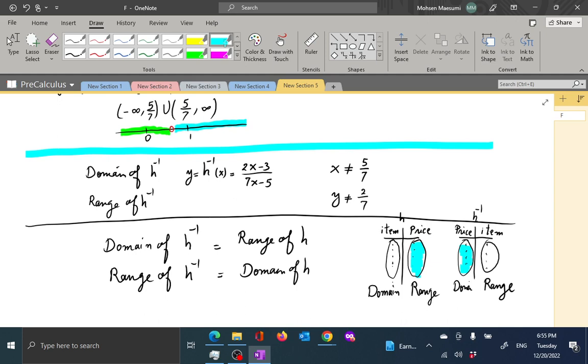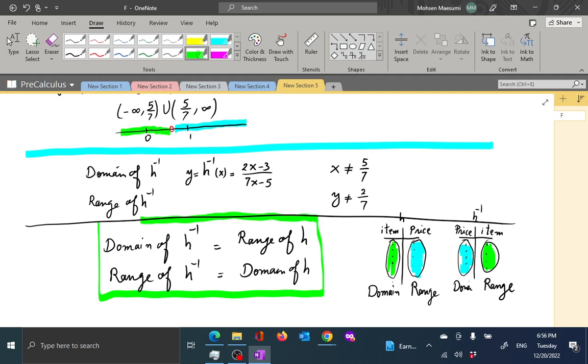So the domain of H inverse turns out to be naturally the same as the range of H, and similarly the domain of H, those items, are exactly the same items that you have here anyway, and so the domain of H is the same as the range of the other one. Sometimes when they write it in a table like this, it sounds like they're saying something very significant, but really they're just saying something very trivial. There's nothing really all that significant about that statement.